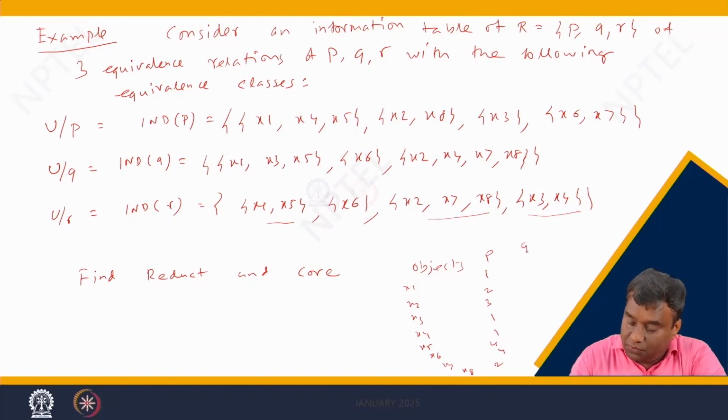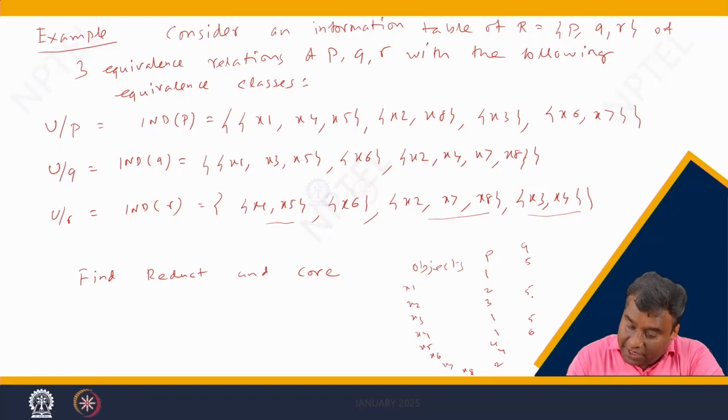Now for Q, x1, x3, x5 have the same number. So x1 is 5, x3 is also 5, and x5 is also 5. Then x6 is 6.